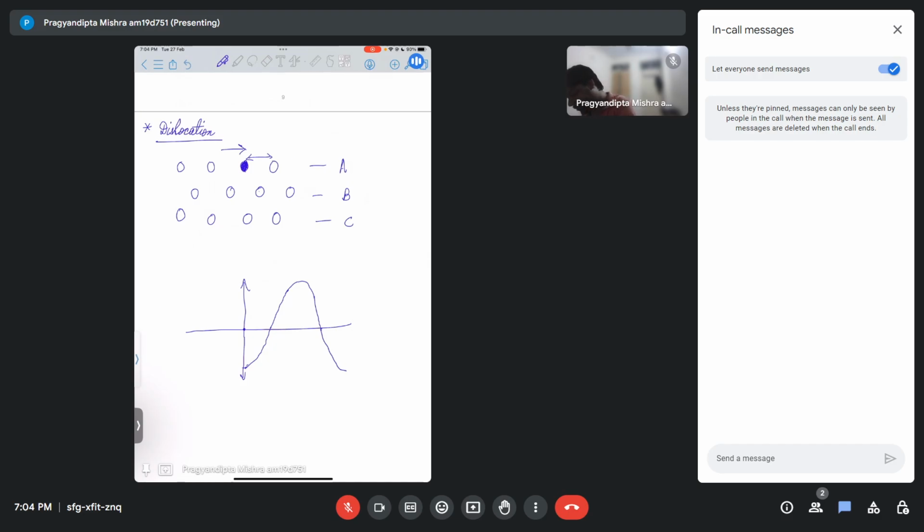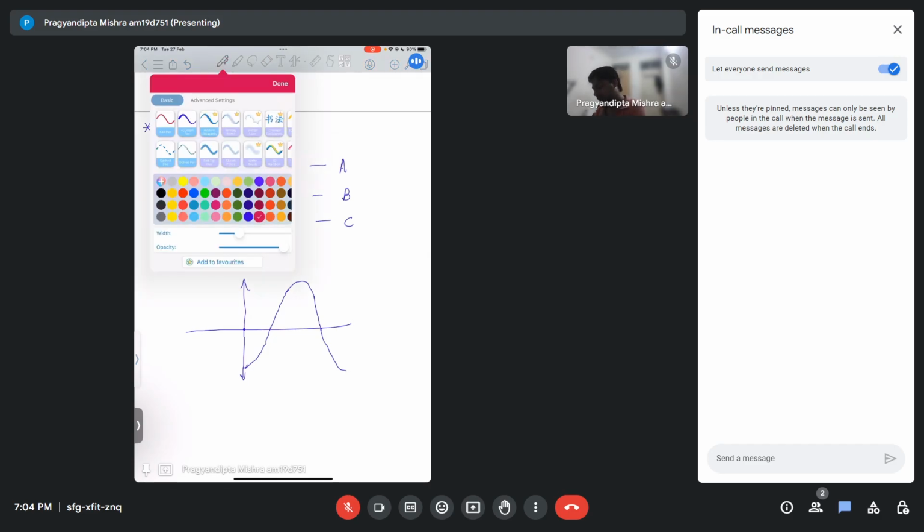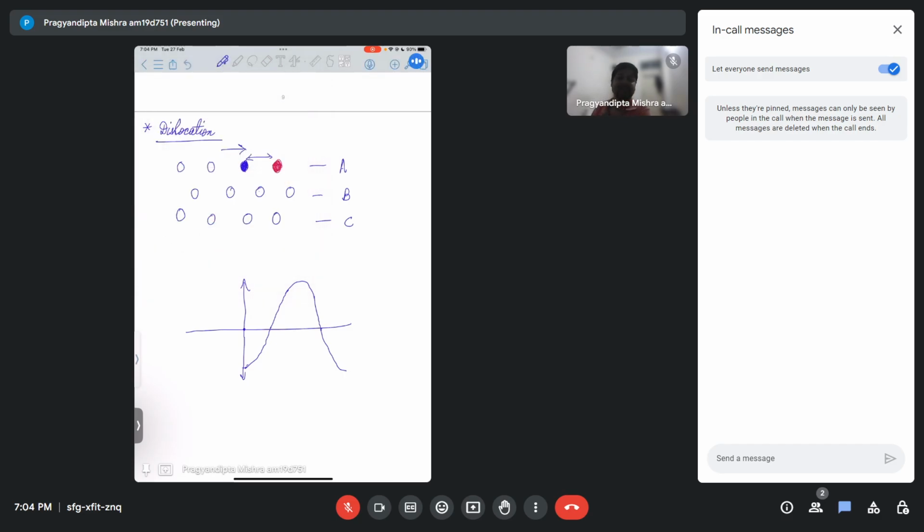Because this shaded atom in blue and the shaded atom in red represent the two possible equilibrium positions for this atom, right? So if the layer moves such that the atom blue reaches the atom red, then you have reached from one equilibrium position to the next equilibrium position, right?